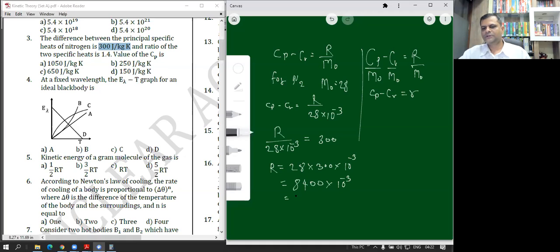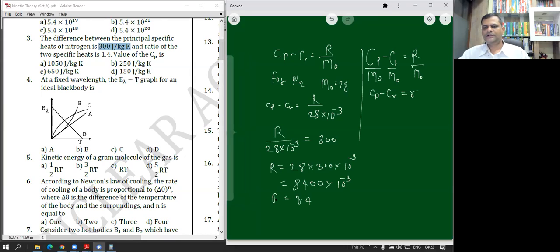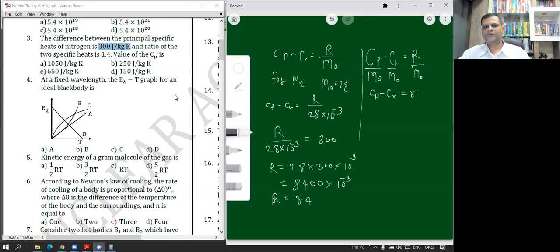If you multiply this together, then we get this 8.4 simply. Yes, 8.4 approximately. This is the value of R, and what we want is Cp. What is the value of Cp? See here, Cp, अच्छा small Cp चाहिए ना हमको. Okay, तो small Cp के लिए क्या यूज करेंगे?